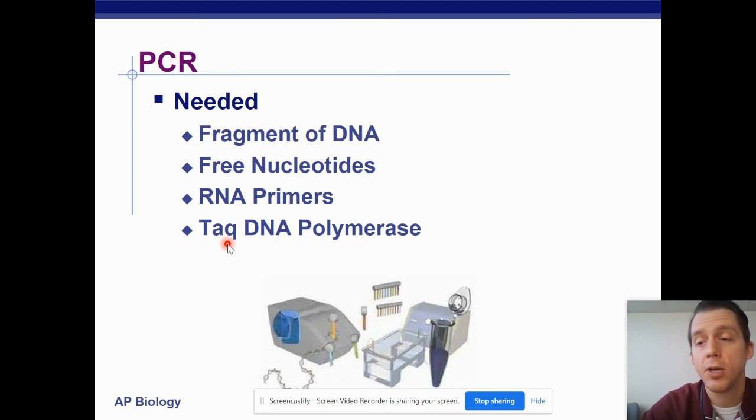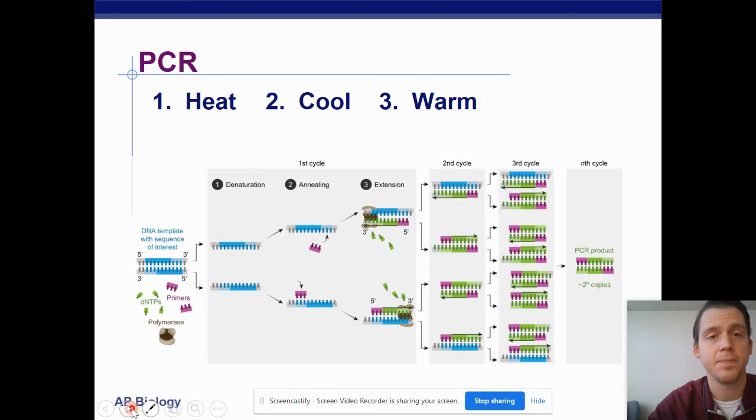To do PCR, you have to heat up the DNA, and basically DNA polymerase is not going to survive that heating process, but Taq polymerase will, because it comes from an organism that is adapted to living in a very hot environment. So basically, you take the DNA and you heat it, and then you cool it, and then you raise the temperature a little bit.